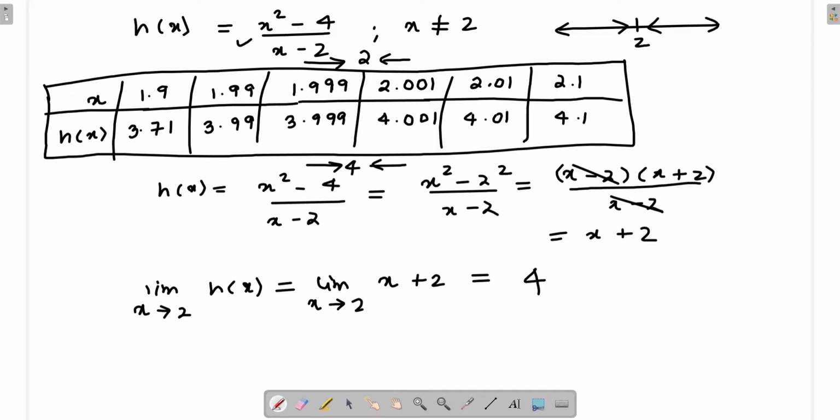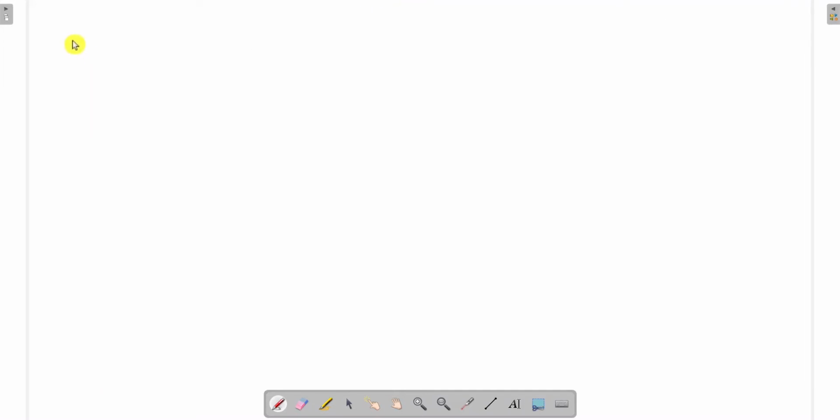Now we will move further. Now we have to look at the left hand limit and right hand limit.